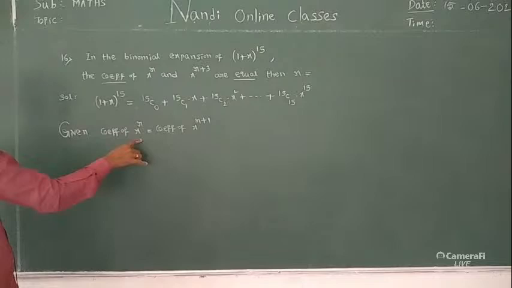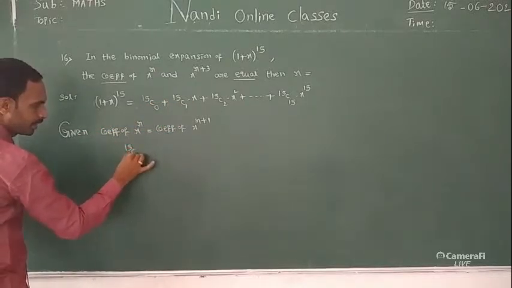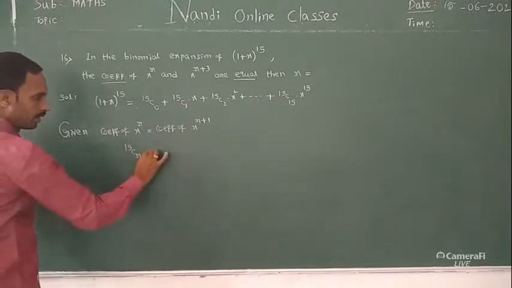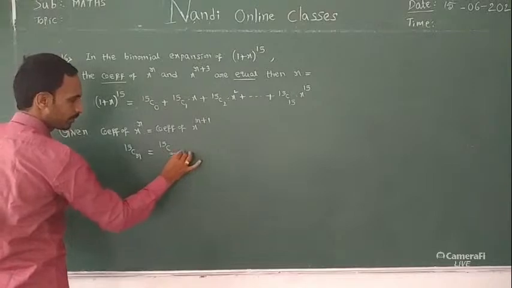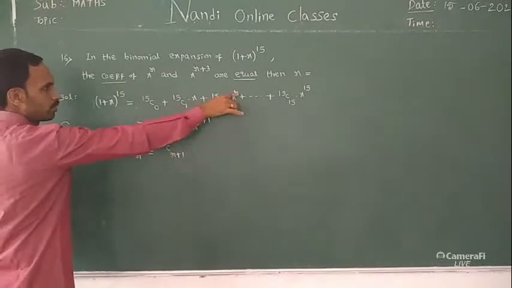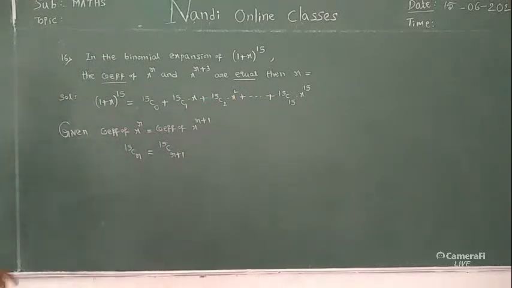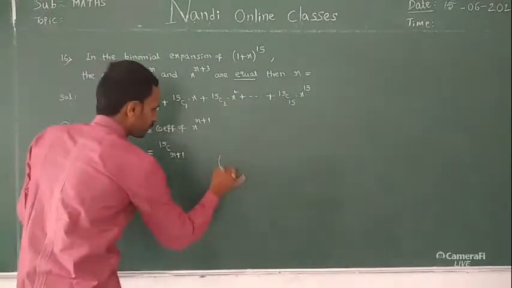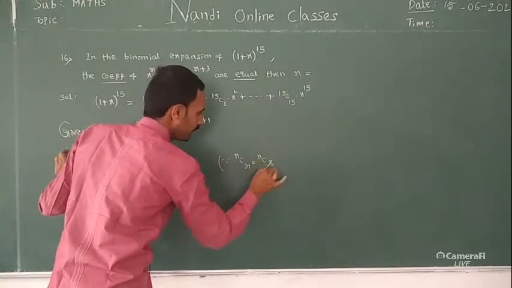What is x power r? X power r is 15Cr, x power r plus 3 is 15C(r plus 3). I am asked to find the r value. It is in the form nCr is equal to nCs.